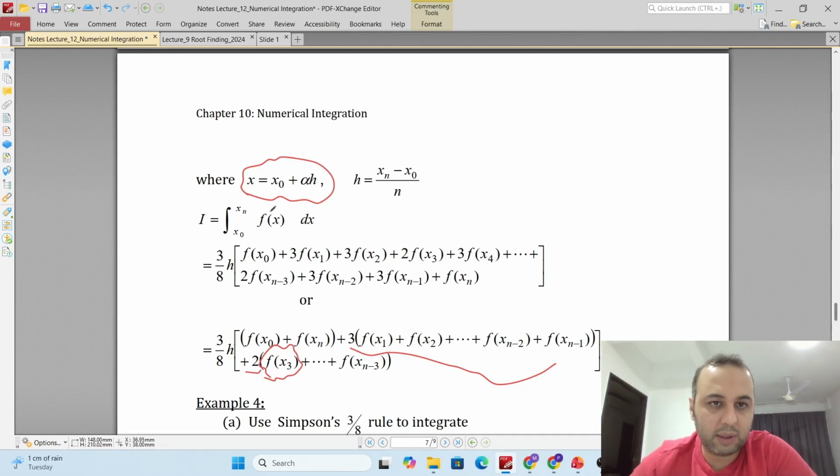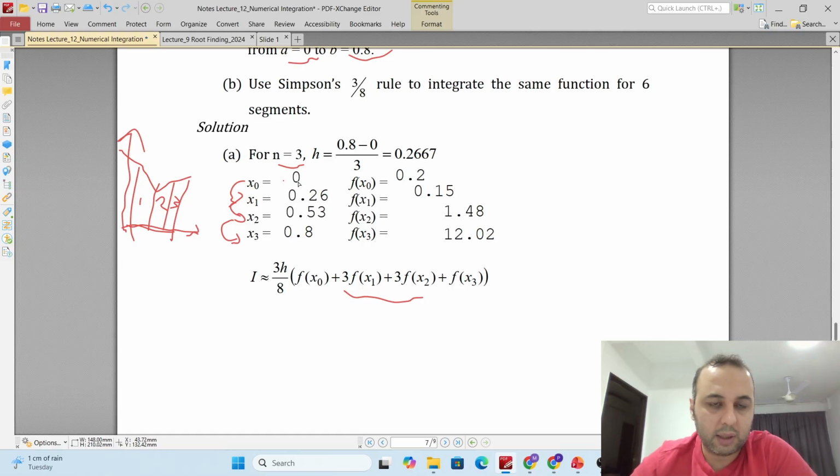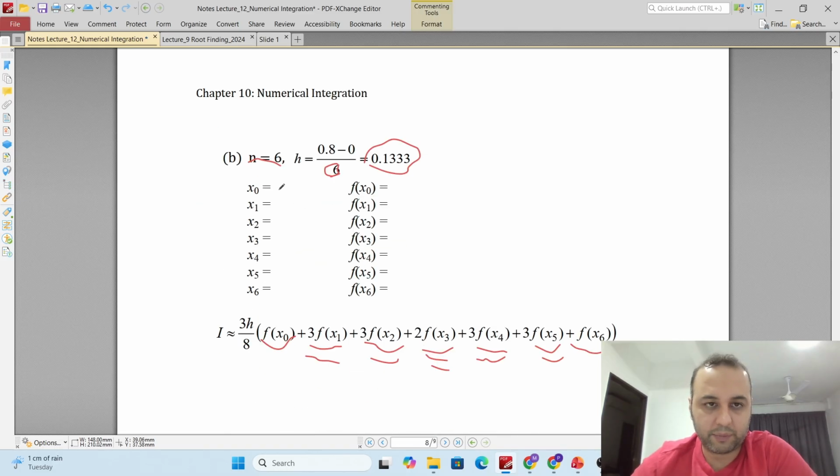How to use this? I think we discussed here, right? So point, for example, here was 0.26, beginning was 0, right? 0 plus 0.26, 0.26 plus 0.26 will be 0.53. 0.53 plus 0.26 becomes 0.8.